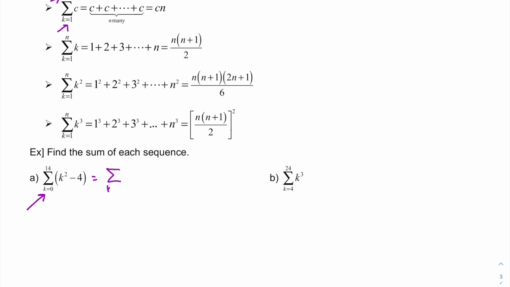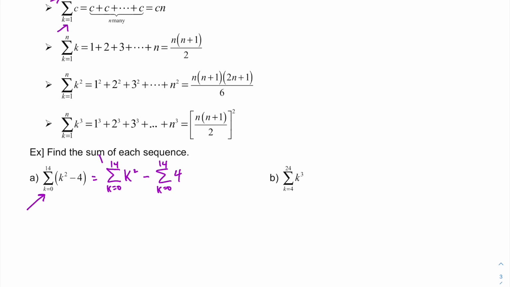So the first thing I'm going to do is split this apart into two separate sums. Okay, I'm just using the properties that we had above.